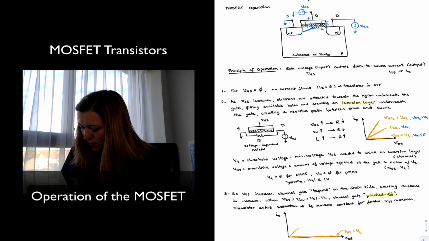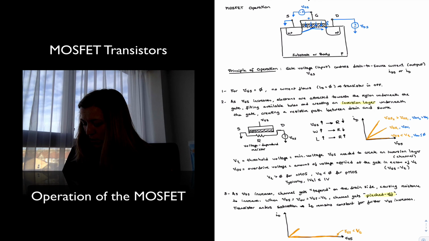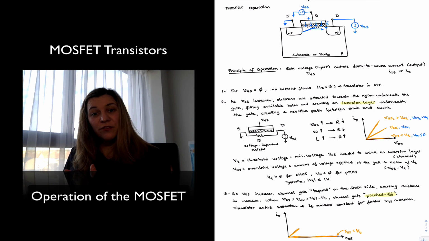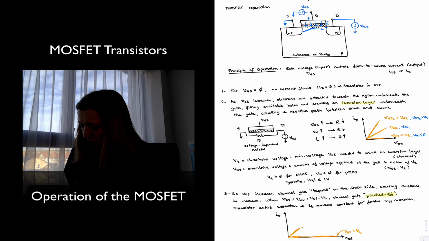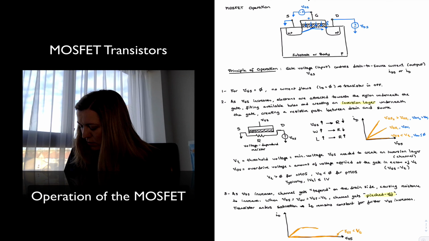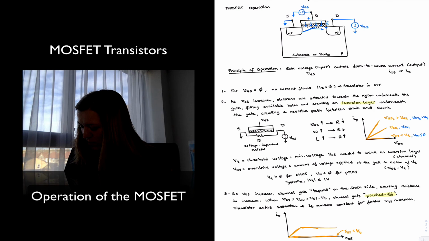And then for any other value of VGS greater than the threshold voltage, as I increase VDS, I initially get a resistive type of response where there is a linear relationship between the voltage and the current. And then at some point, the current is just going to remain approximately constant for further increases in VDS.